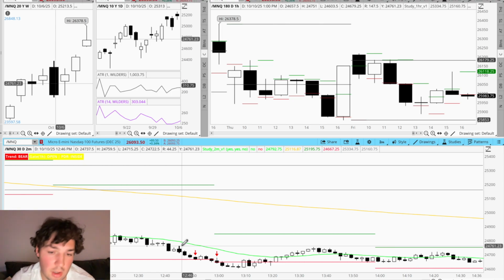So I allow myself to trade up to the full value of the ATR14. If the ATR1 goes up to that, I'm allowed to trade. But if it exceeds that, I'm not allowed to trade. I just say it's too volatile, and I sit out and protect my capital.